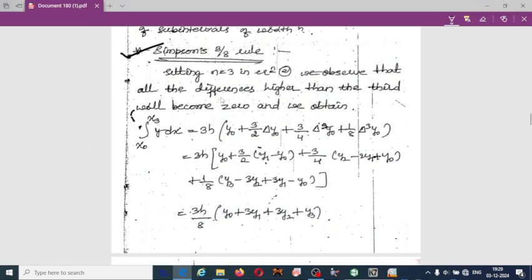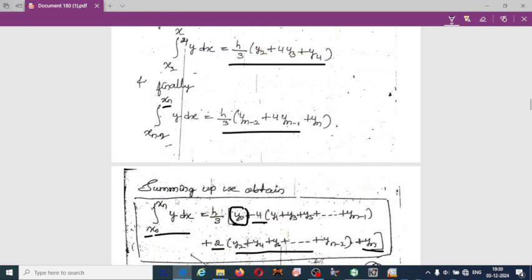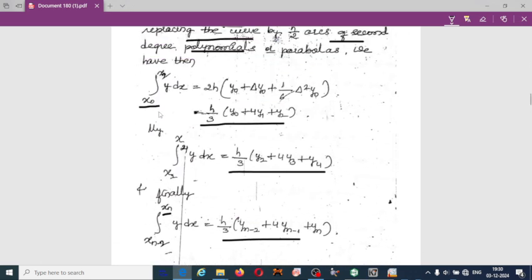Simpson's 3/8 rule: if you put n equal to 3 in equation 2, we get the required Simpson's 3/8 rule. First take x0 to x3 here. If n equal to 1, you take x0 to x1. If n equal to 2, you take x0 to x2.